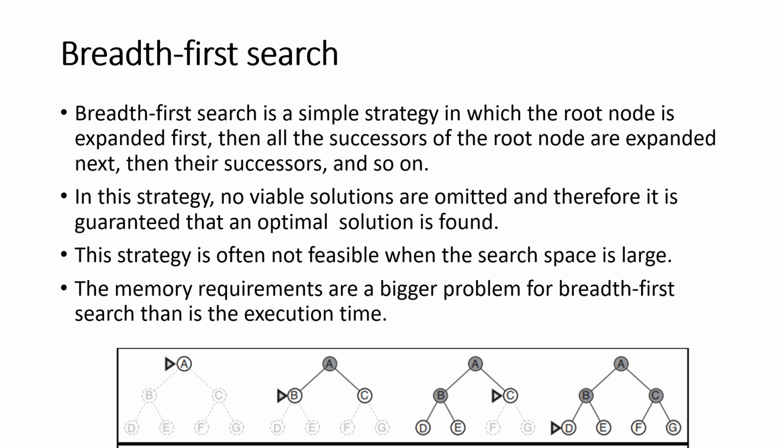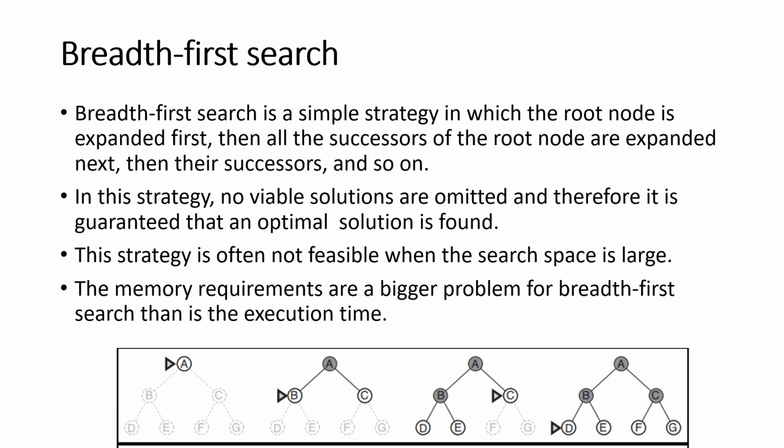So what do we mean by optimal? The solution with the minimum number of steps. We can say the shortest path in an unweighted graph, or the minimum moves in a puzzle problem. And how can we ensure this level by level expansion? By using a queue or FIFO, that is first inserted, first expanded.